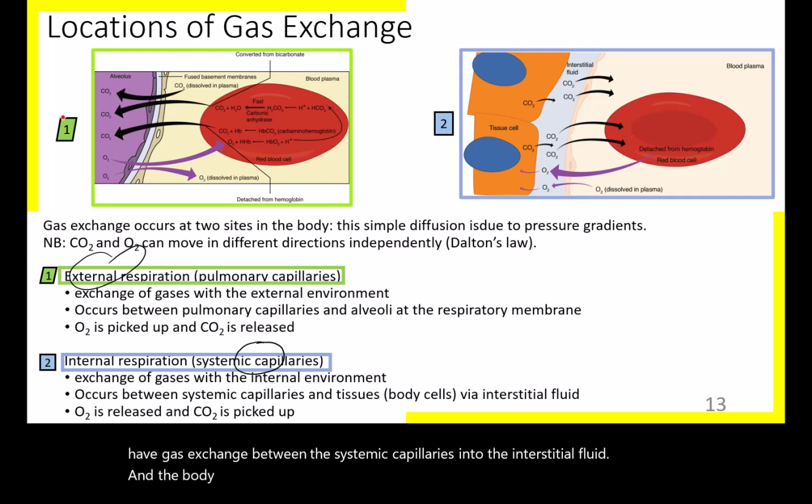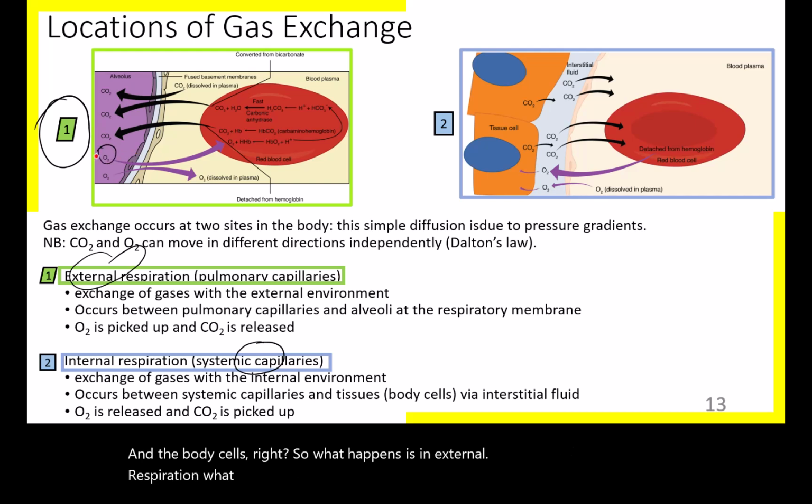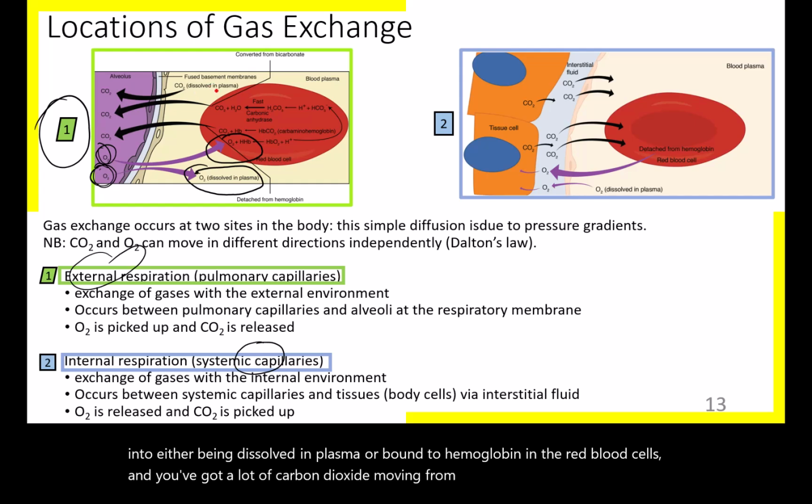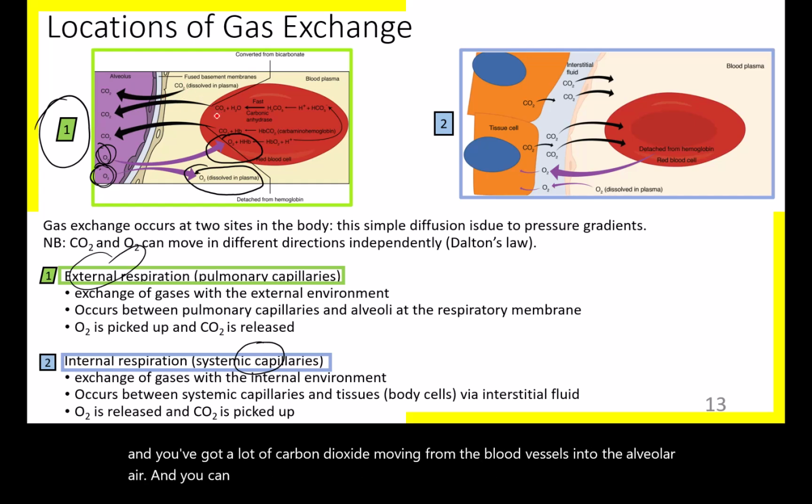So in external respiration, you've got a lot of oxygen moving from the alveolar air into either being dissolved in plasma or bound to hemoglobin in the red blood cells. And you've got a lot of carbon dioxide moving from the blood vessels into the alveolar air. You can see here carbon dioxide exists in three different states.